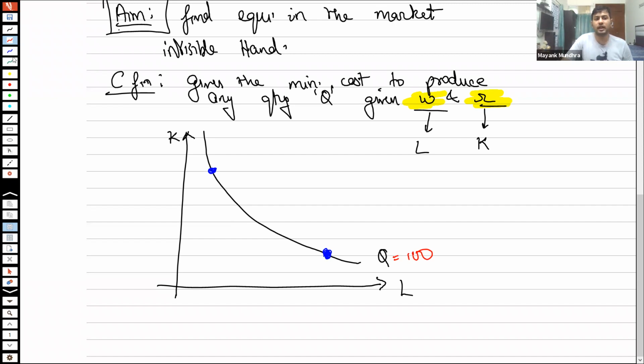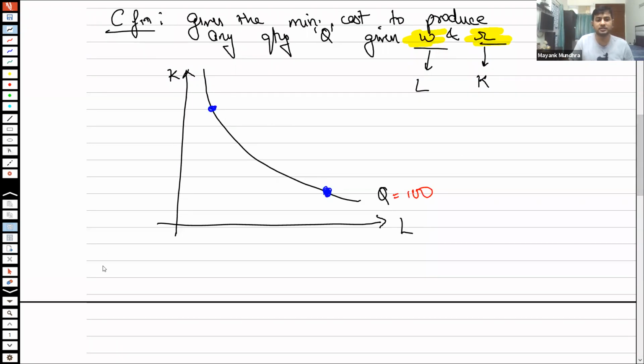So given any amount of expenditure that you do, the objective problem of the producer is to minimize WL plus RK, which is basically the cost.